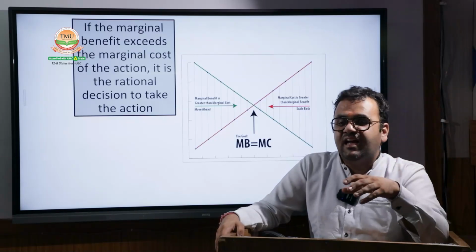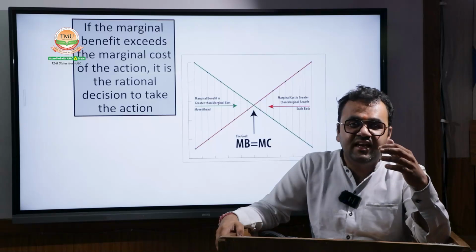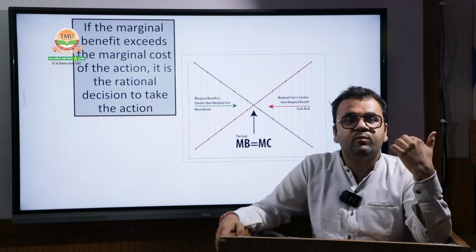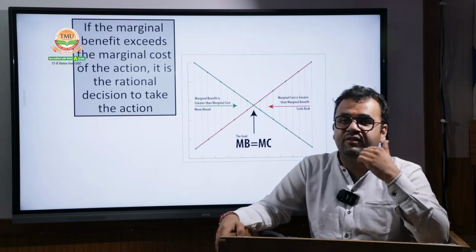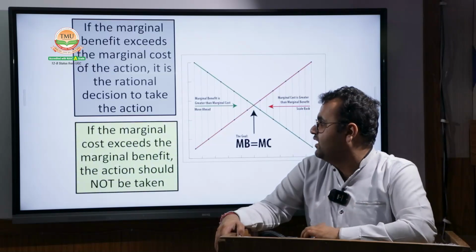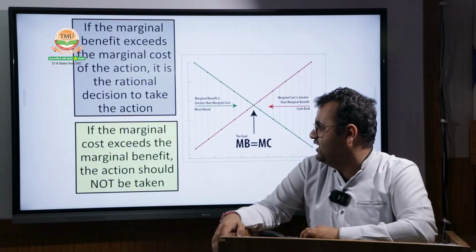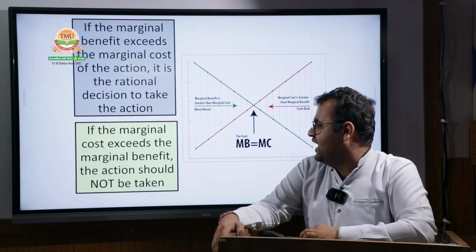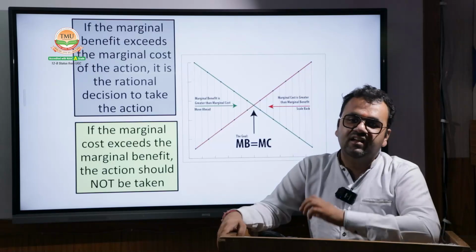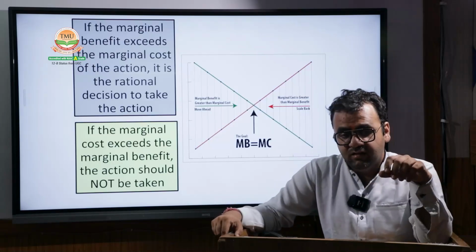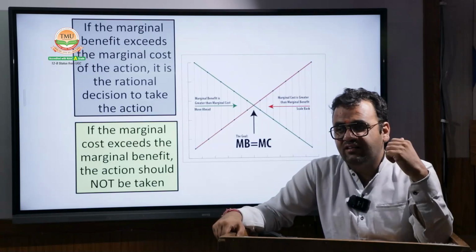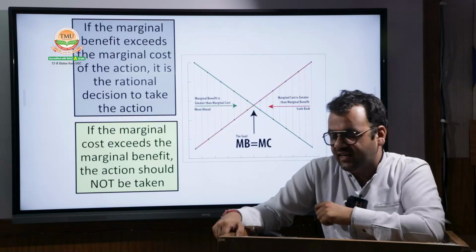Every organization has its aim that they should get more product, be more profitable. If the marginal cost exceeds the marginal benefit, the action should not be taken. If getting them any reward, they are doing better, then we can say that we did not take any action regarding that.